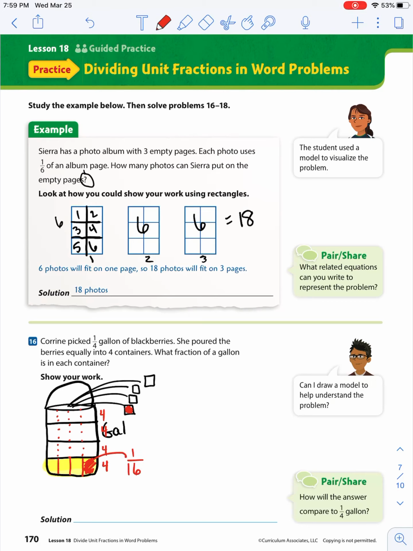If I write that as an expression, I have 1/4 of a gallon cut up into 4 sections. So my fraction is 1/16 of a gallon in just one of those containers.